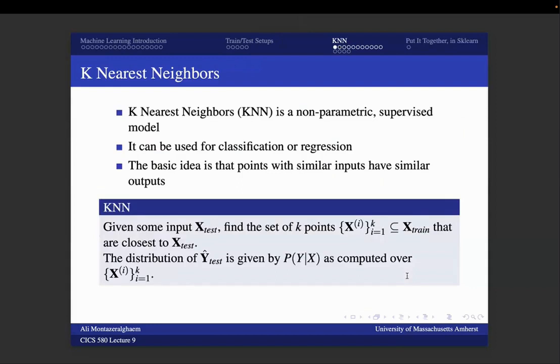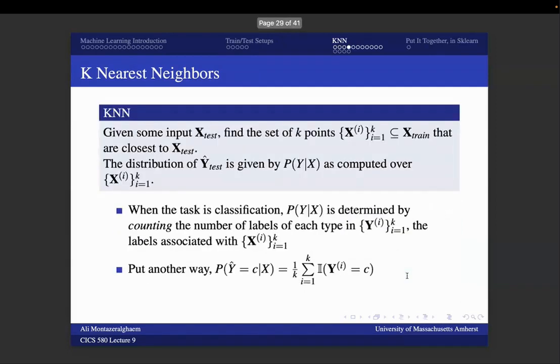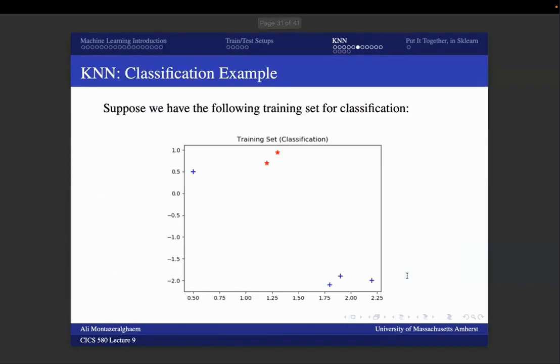This definition can be, I'm thinking about that, maybe it's better to see an example before seeing the definition of the algorithm.